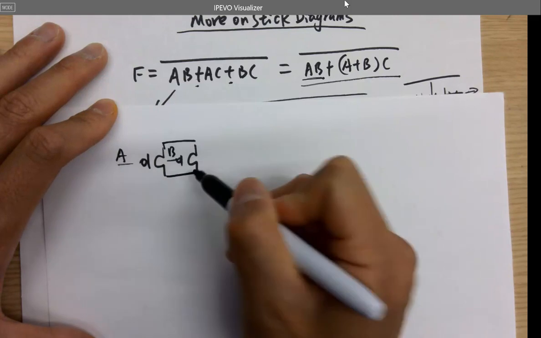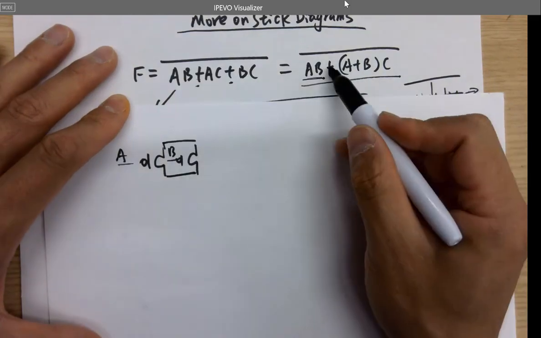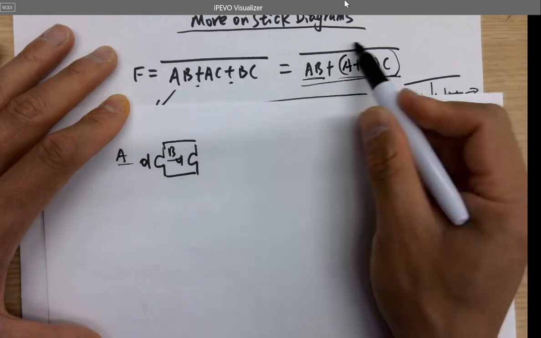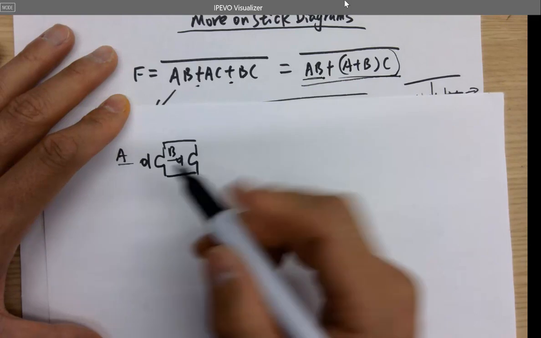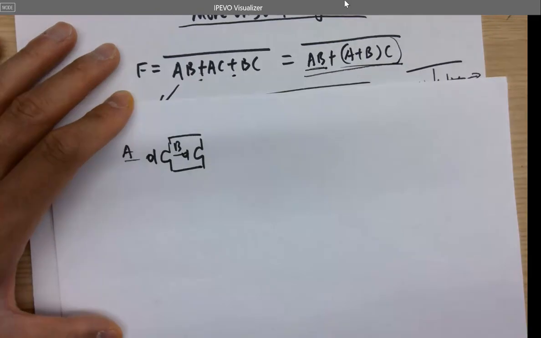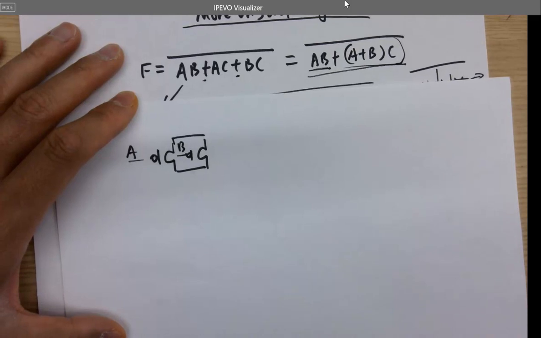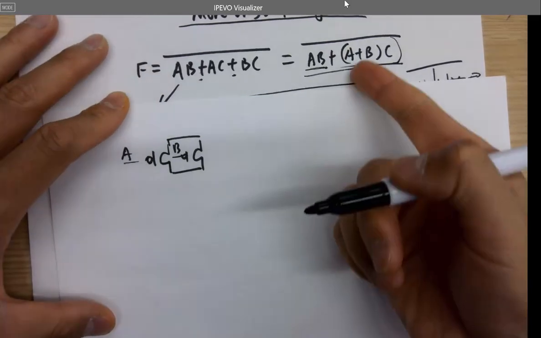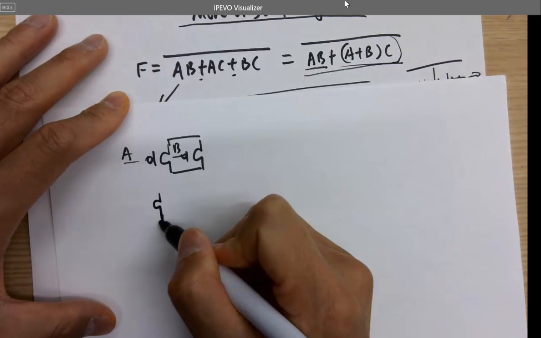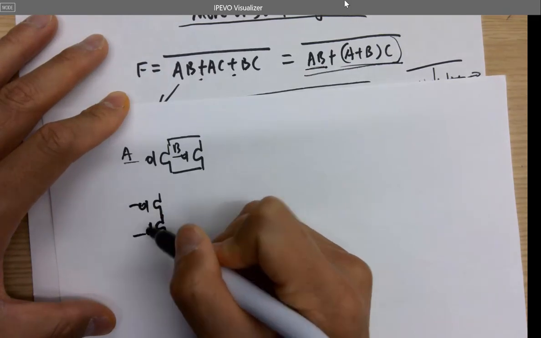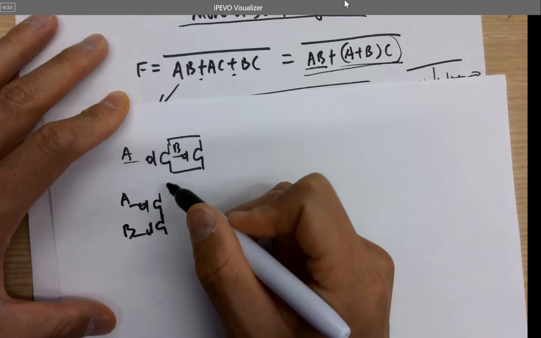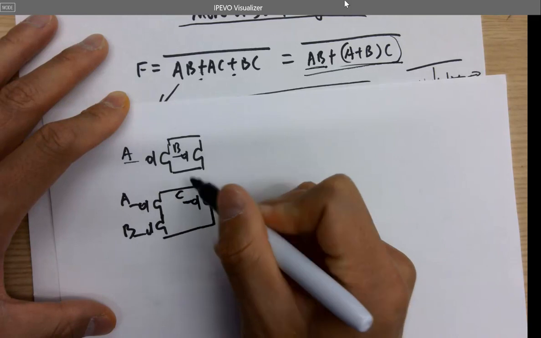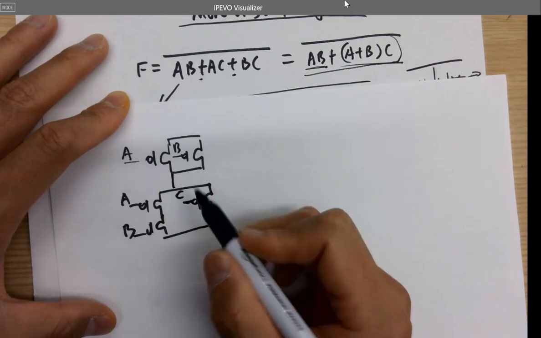And OR logic, will place this in series with this one. So you need A, B in series, and parallel with C, and make the connection like this.